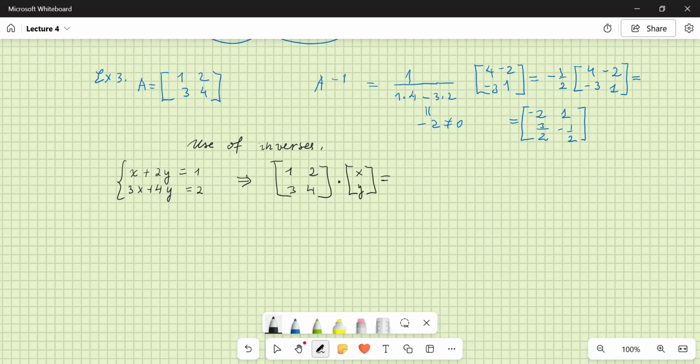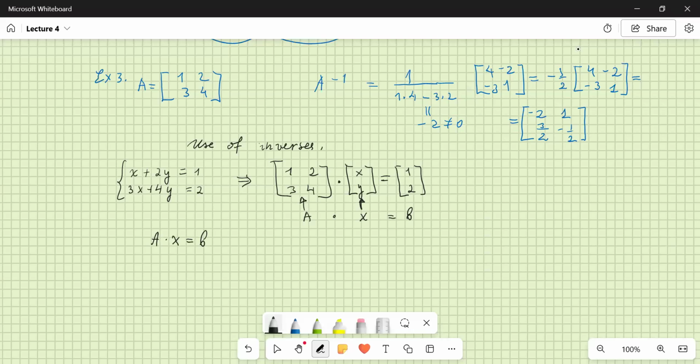And if you make it equal to the column of the right side, 1, 2, we convert our linear system into a matrix equation, right? If we label this matrix as A, the column with x and y as X, the unknown, and the right side column as B, we get the matrix equation in a shorter way as AX equals B.